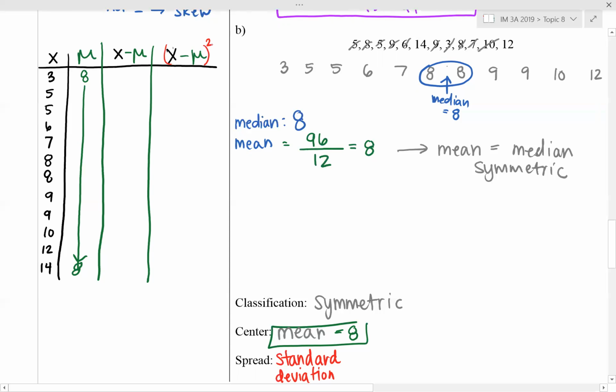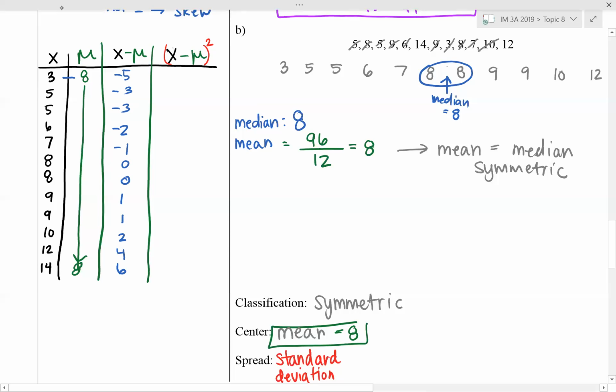Okay, so if we subtract the mean from each of these values, 3 minus 8 is -5, and so on. 5 minus 8 is -3, -3. 6 minus 8 is -2. 7 minus 8 is -1. 8 minus 8 is 0. 9 minus 8 is 1. 9 minus 8 is 1. 10 minus 8 is 2. 12 minus 8 is 4. 14 minus 8 is 6.